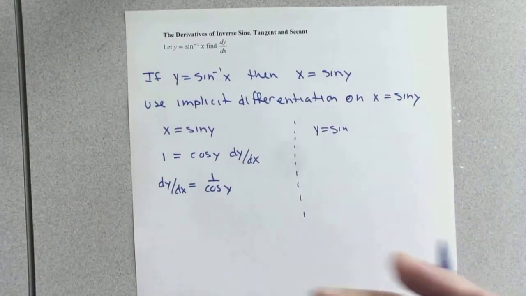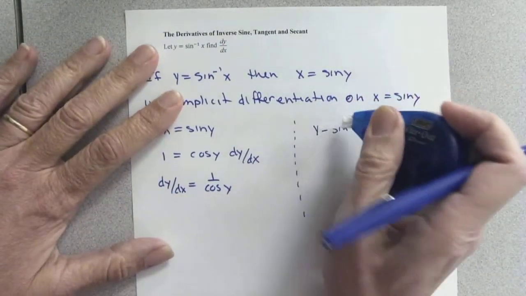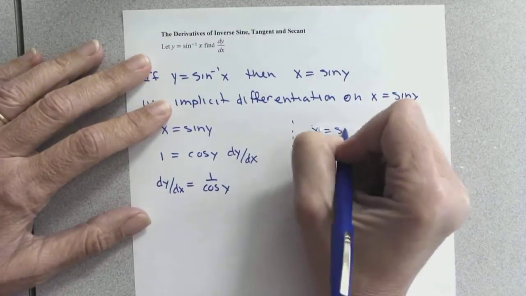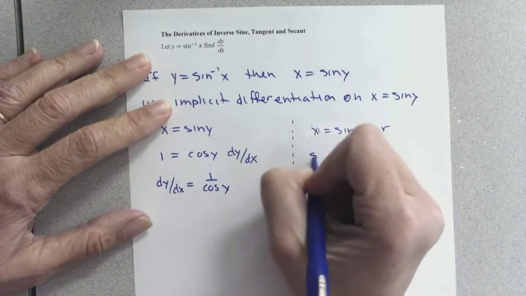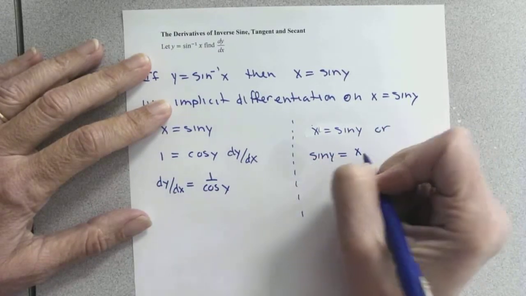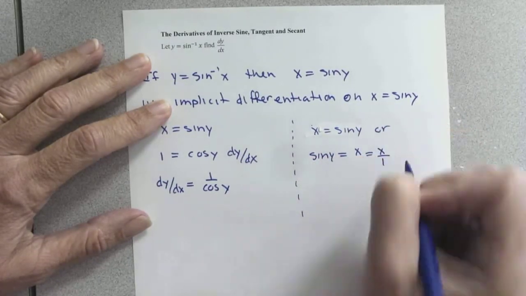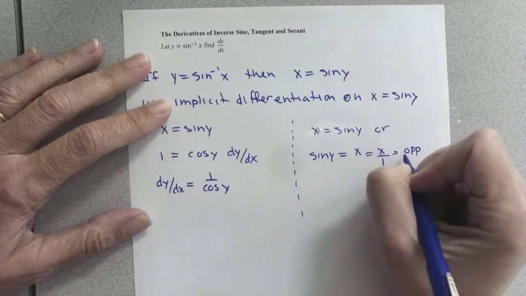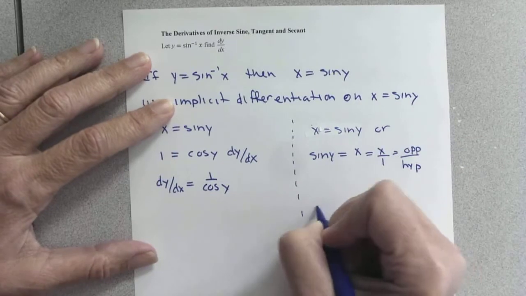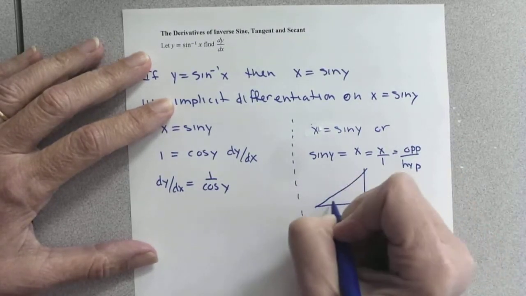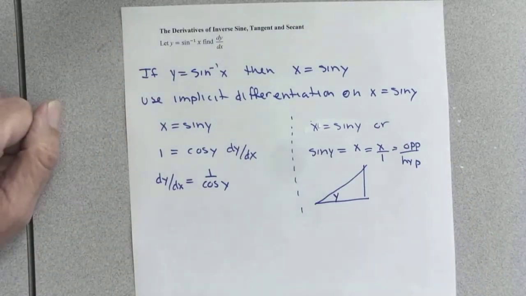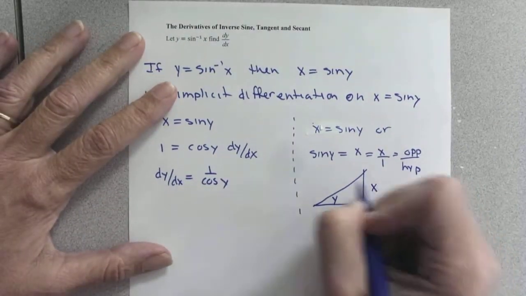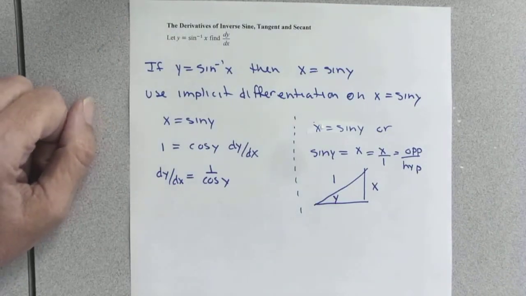So x equals sine y, or sine y equals x, which equals x over 1, and sine is opposite over hypotenuse. So there's an angle y. Opposite over hypotenuse.